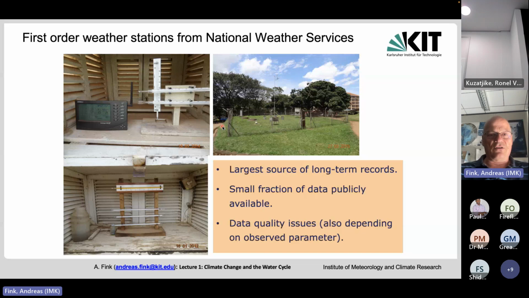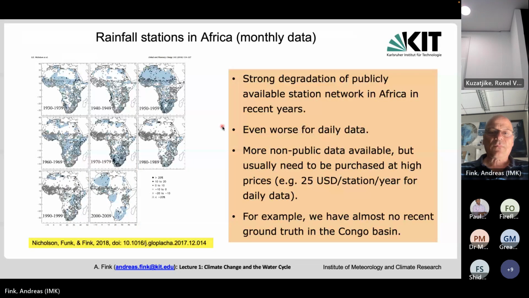So I did some work with Sharon Nicholson and Chris Fink, and Sharon Nicholson has collected monthly rainfall data for Africa since the beginning of her career. What I wanted to show you is here, just look at the dots, not at the blue colors.